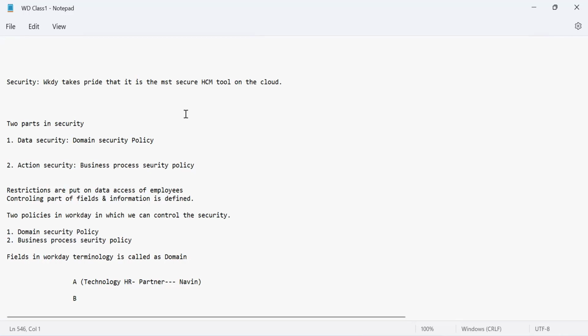They may not report that in Workday, but that's fine. What you're saying is also not wrong, but that would not be in Workday. But yes, performance management will be done in Workday. That is the right answer. But what else? In fact, when I give you the example, I give you the answers also. If you are able to understand, then you will be able to answer this question very easily.